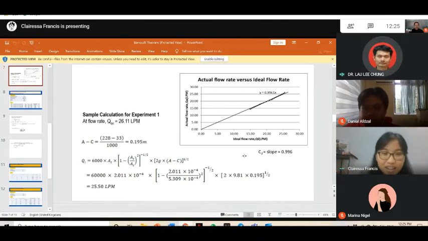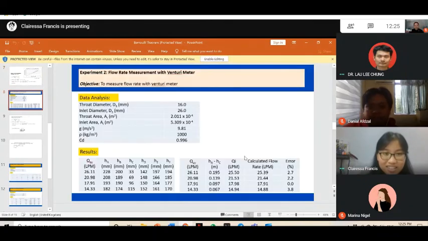What is the middle called? The small diameter middle, does it have a name? Slide number 8. The throat. Okay, the middle one is called the throat. All right. Four of you already answered my question, ka?